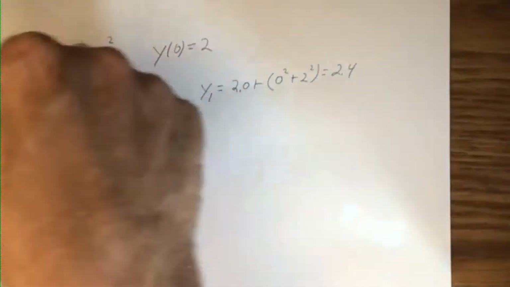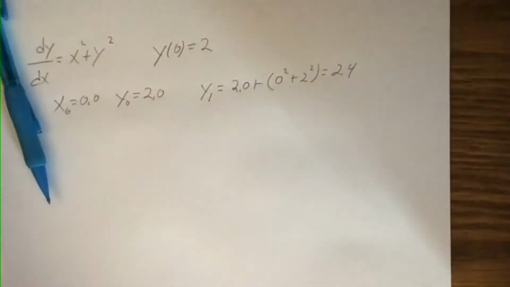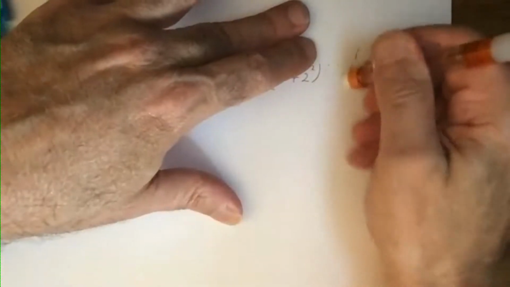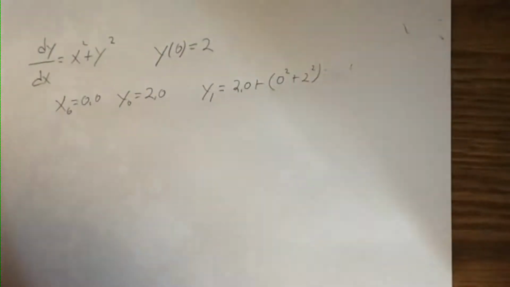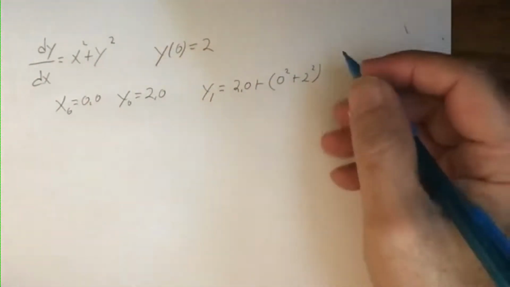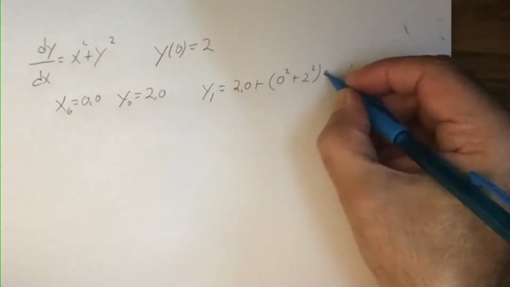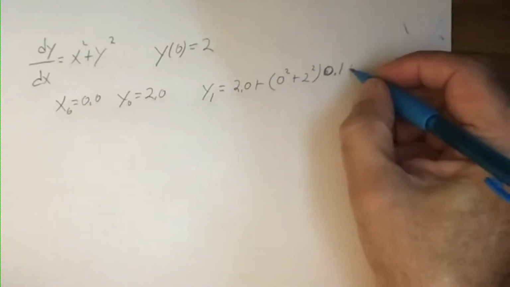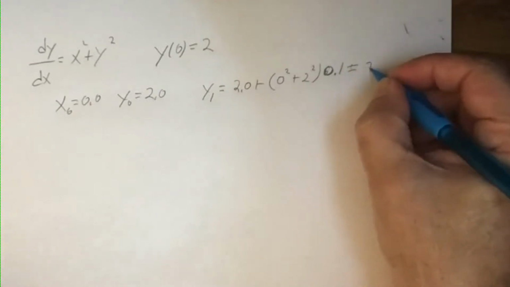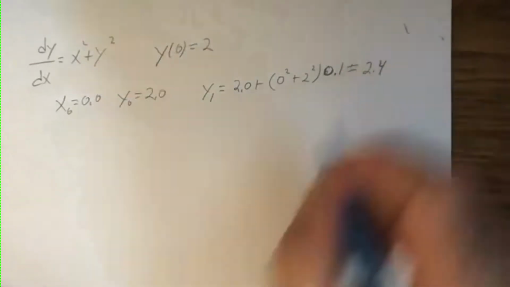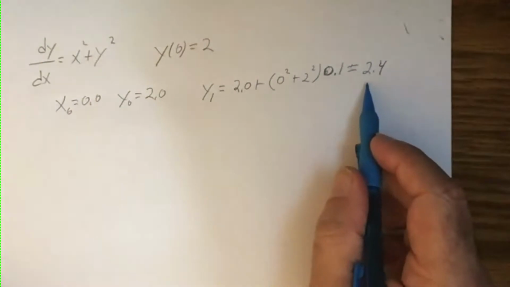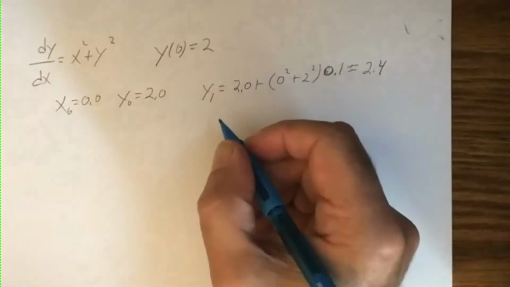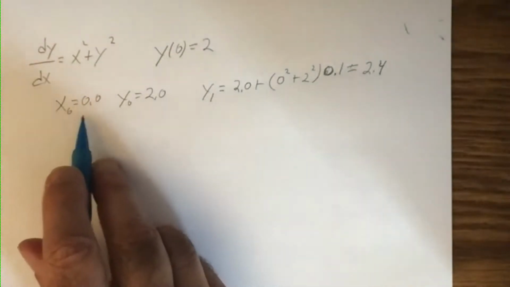Oh, I forgot the H. The H, make it 0.1. And this becomes 2.4. Okay, so that's my Y1, and that's for X0.